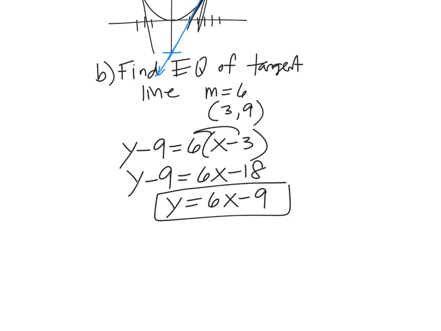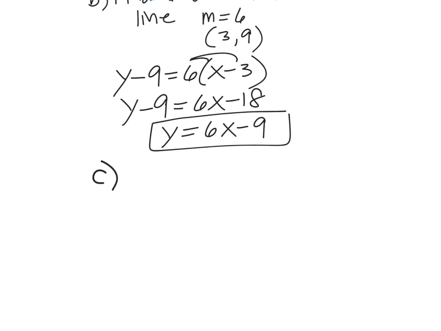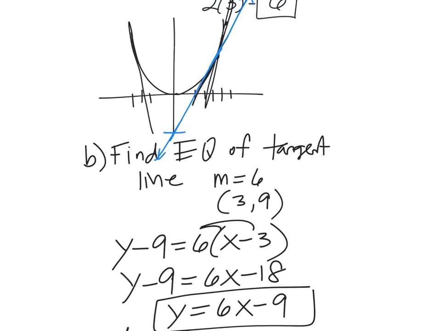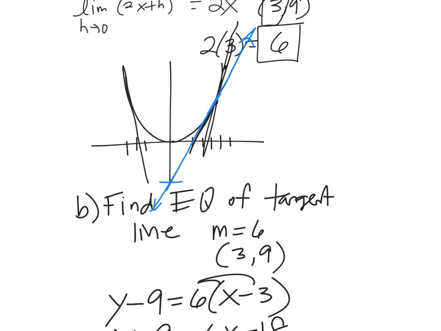Now, there's also a third part to this, which is then to find the normal. Okay. The normal is going to be the line that is perpendicular to the tangent line. It goes through that point still. Here, I'll draw it on the graph so you can visualize it. It goes through this point, but it's going to be a perpendicular line to the tangent.